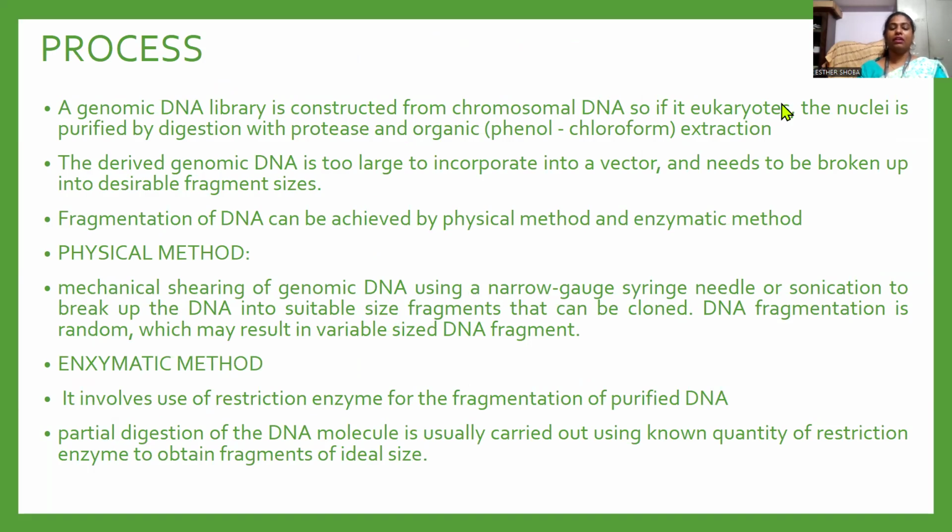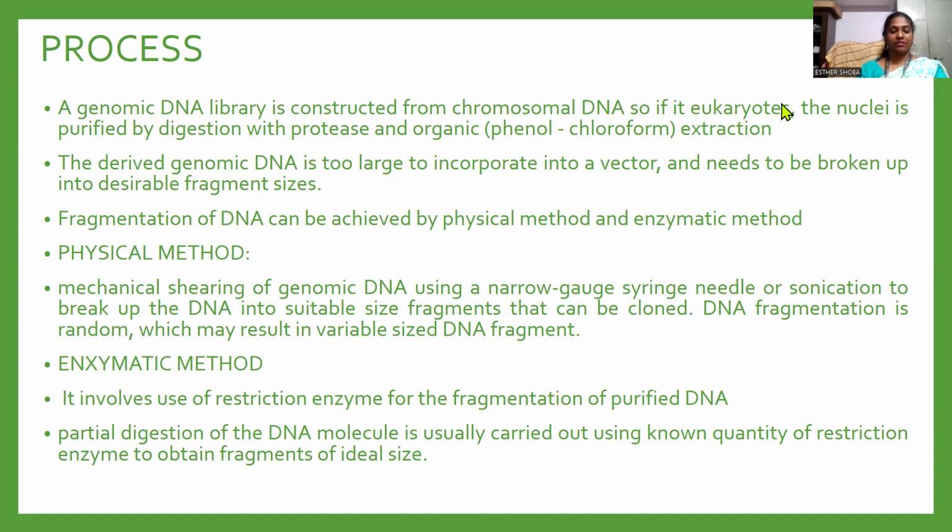Fragmentation of DNA can be achieved by physical methods and enzymatic methods. In the physical method, mechanical shearing is usually preferred, which is done using a narrow gauge syringe needle or sonication to break up the DNA into suitable size fragments that can be cloned.